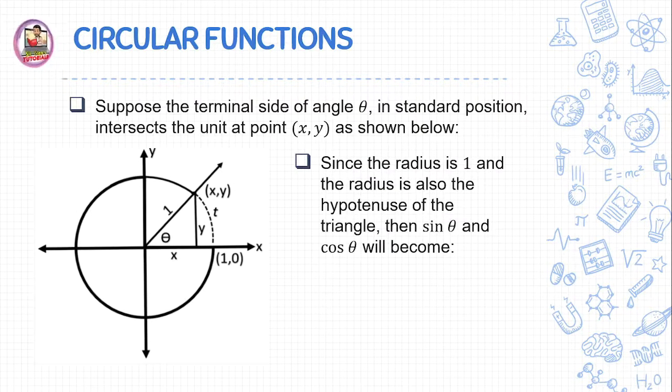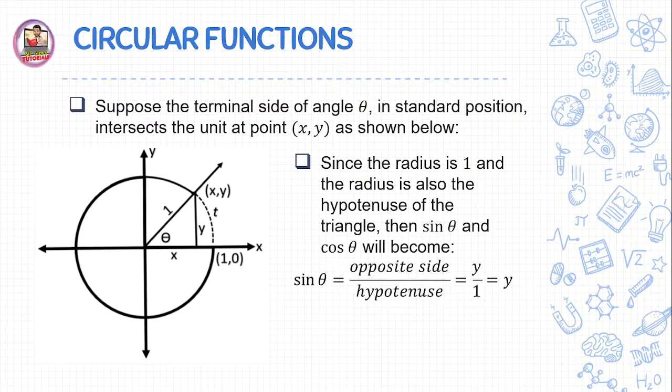Since the radius is 1 and the radius is also the hypotenuse of the triangle, then sine theta is equal to the opposite side all over the hypotenuse. We know that our opposite side is y and our hypotenuse has measure 1, so y divided by 1 is equivalent to y.